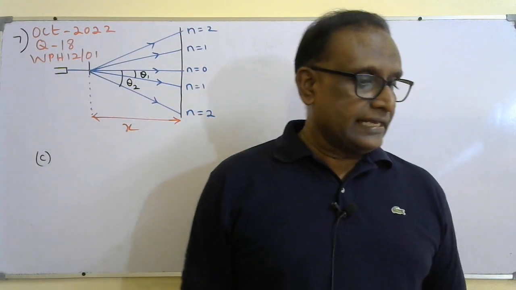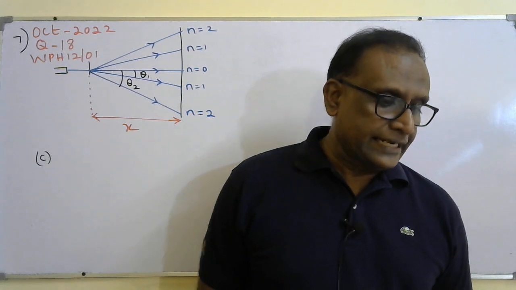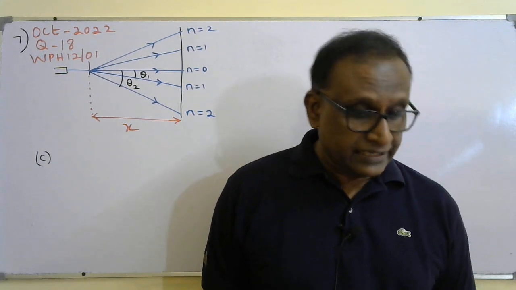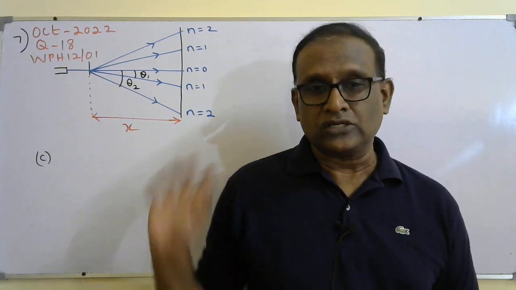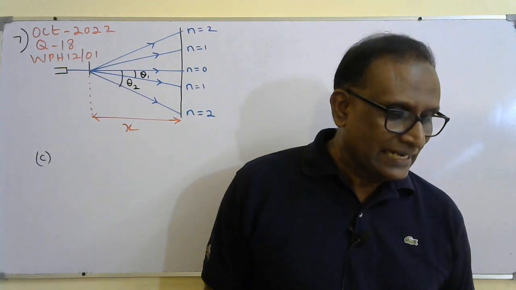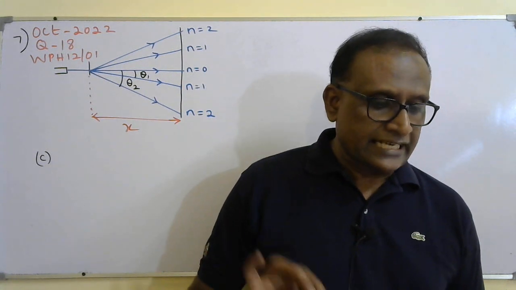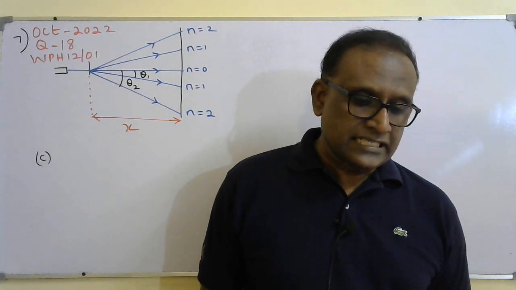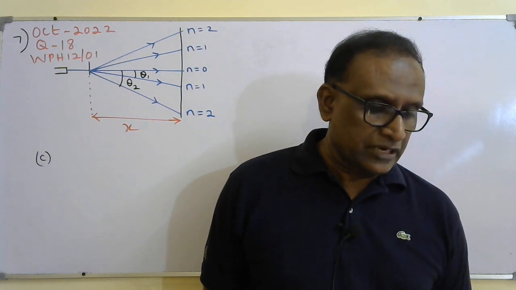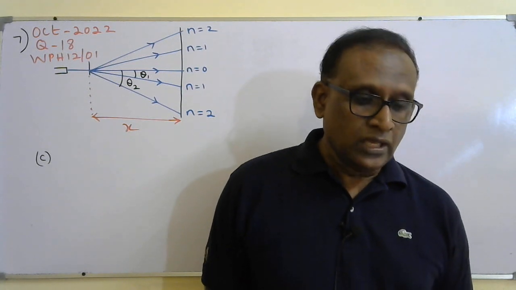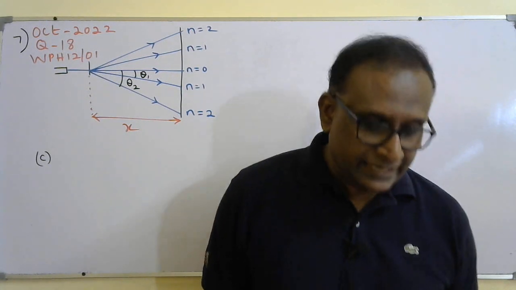Part C says, in a separate experiment, the student uses a different diffraction grating, not the same one, that has been labeled 300 lines per millimeter by another student. The distance measured on the screen between the n equals 0 maximum and the n equals 2 maximum is 0.397.